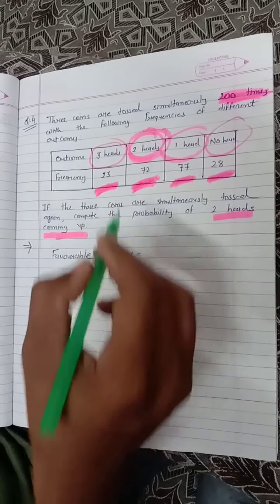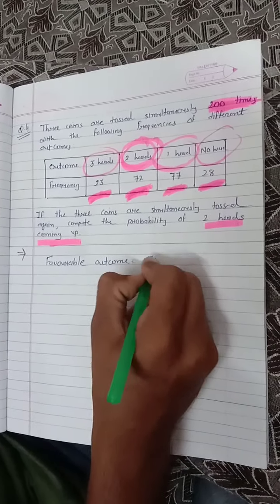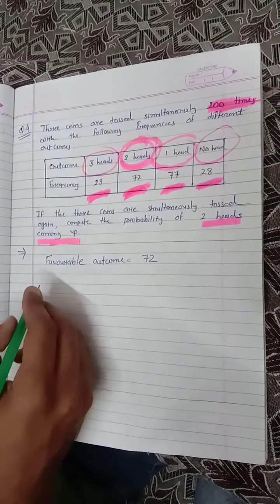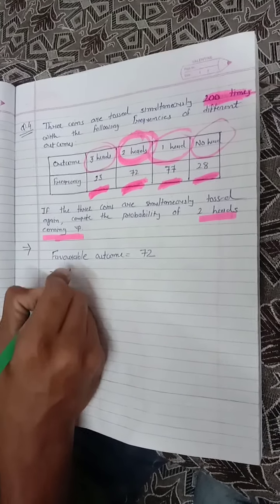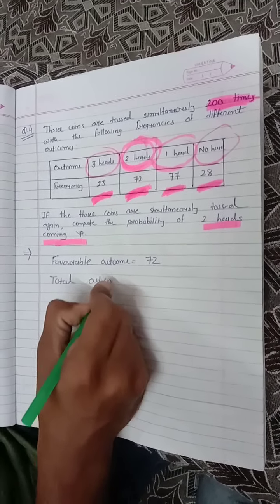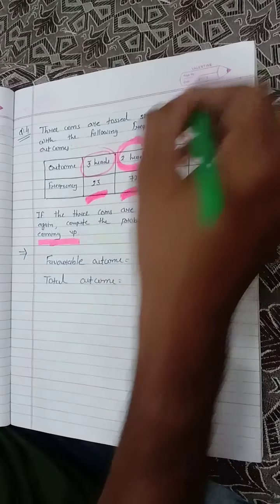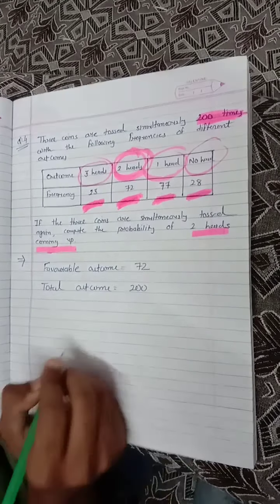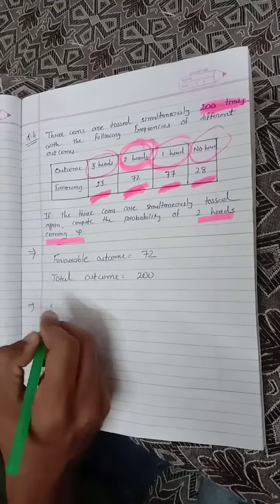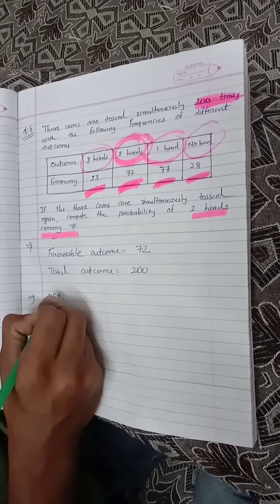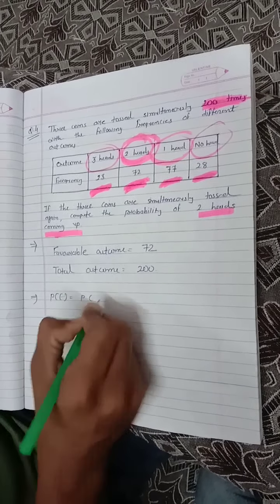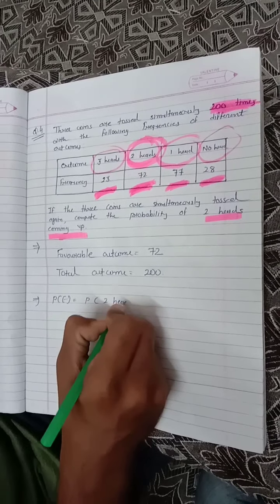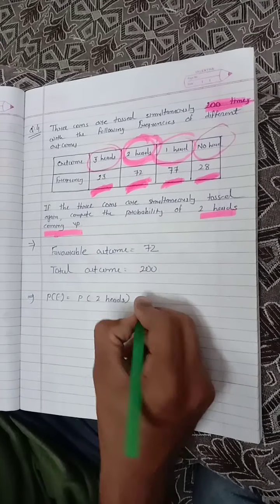How many times do 2 heads come? 72. It is your favorable outcome. Now total outcome. How many times do events occur? Total 200 times.